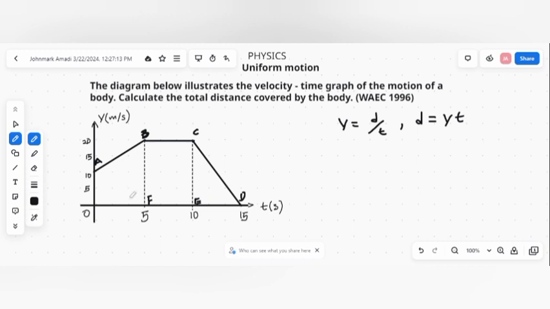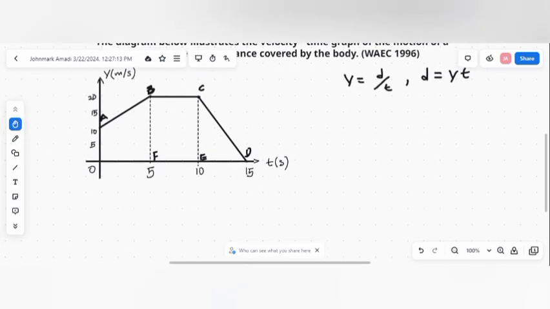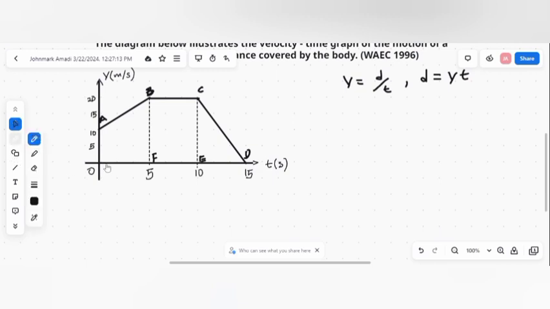So now I'm going to segment this graph, or should I say divide it into various shapes, and then find the sum of the area of each of the shapes. So let's dive into action. So now, distance covered, total distance.